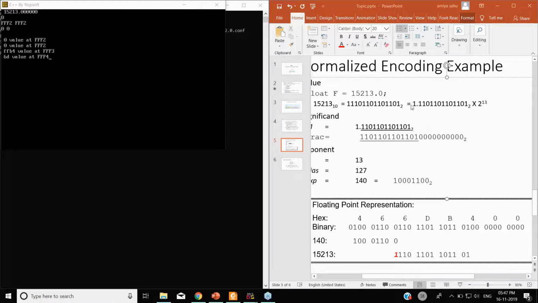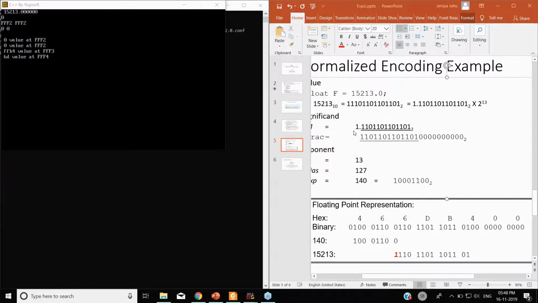So what we did, we took the binary fractional point from the left-hand side to 1, 2, 3, 4, 5, 6, 7, 8, 9, 10, 11, 12, 13 positions to the right. So we have jumped the binary fractional point to the 13th position, and we have multiplied it with 2 to the power 13. So the value is not changed.